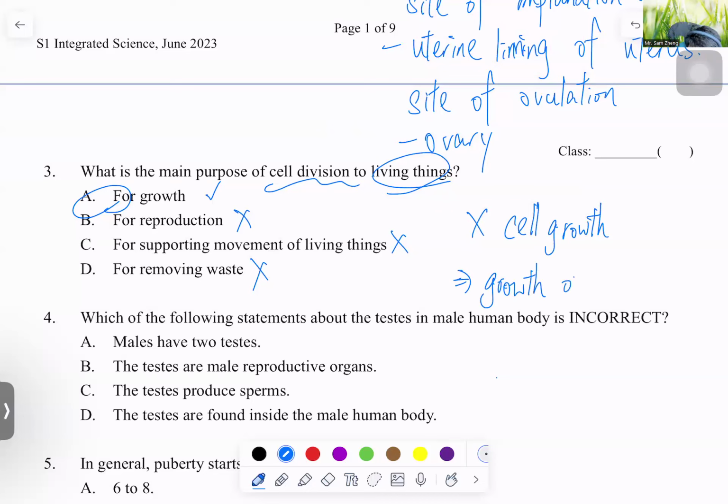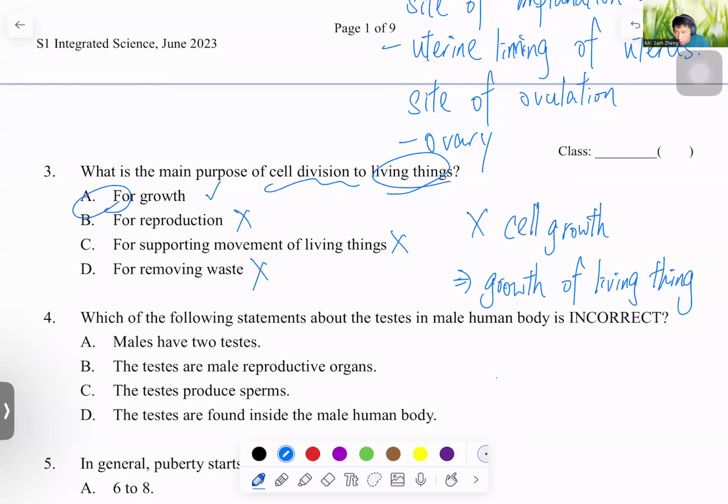So what does it mean, the growth of the living things? We are talking about how living things become larger in size. Living things increase in size because they have a larger number of cells, but not because of a larger size of the cells, or cell growth.